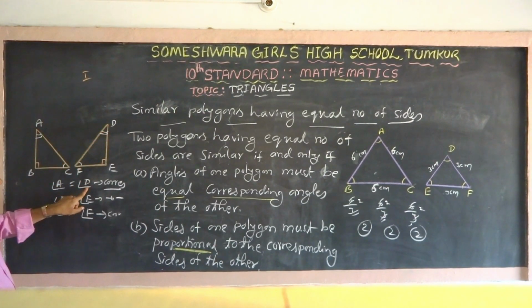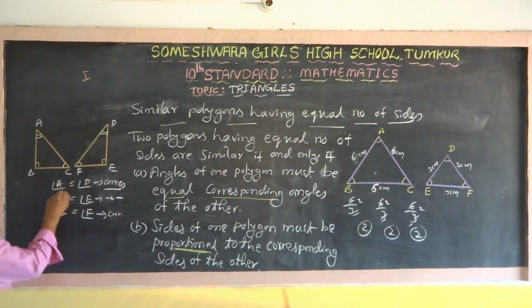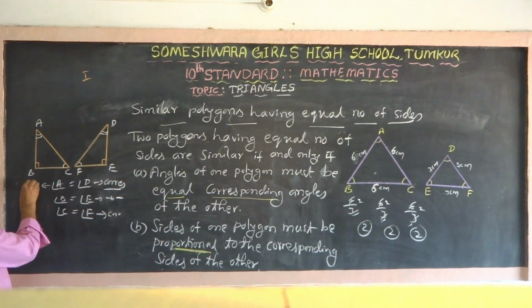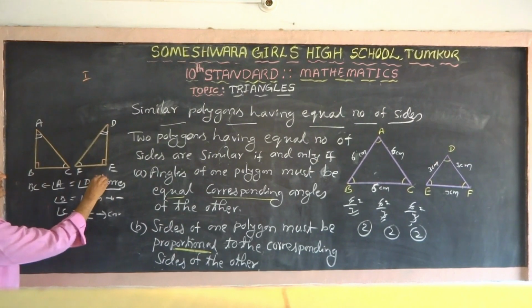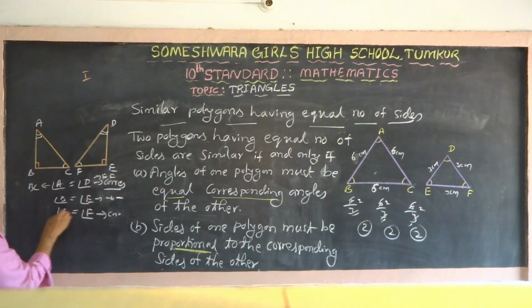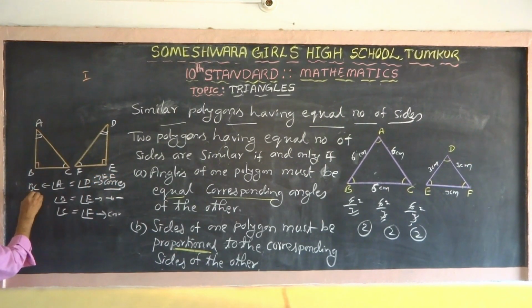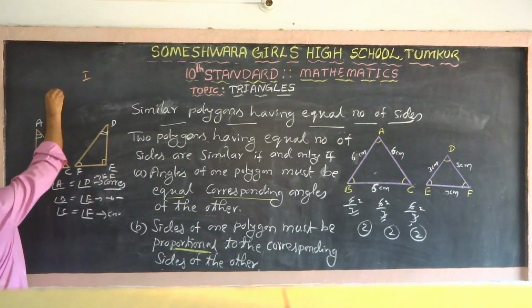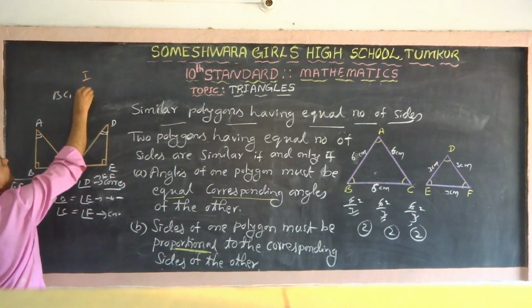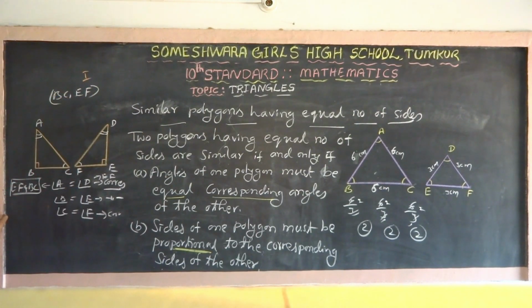EF. So here it is BC and here it is EF. These two are called the corresponding sides, BC and EF.